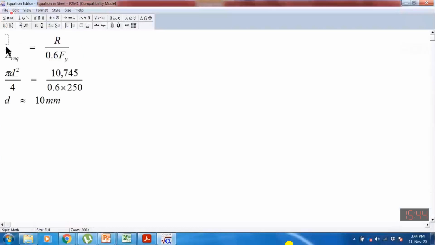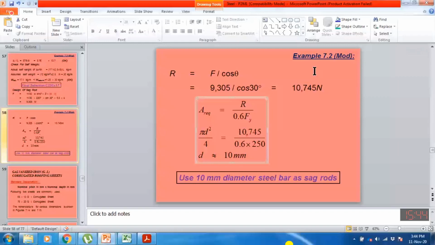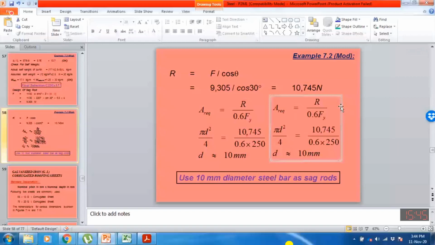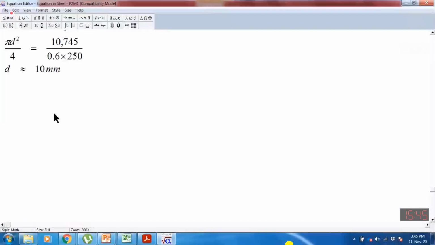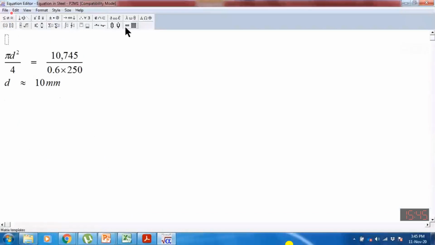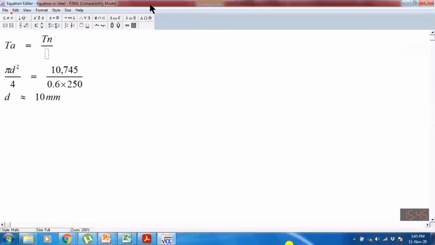So we are assuming this equation: TA, the tensile force, should be equal to tensile capacity Tn divided by omega value, which is the factor of safety in ASD method.